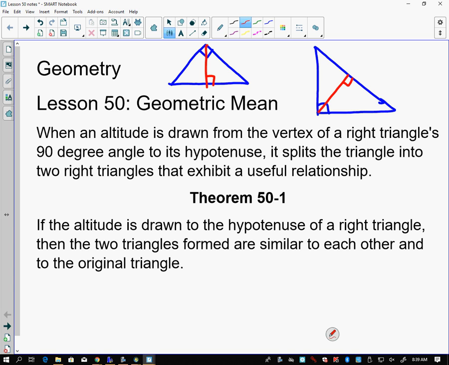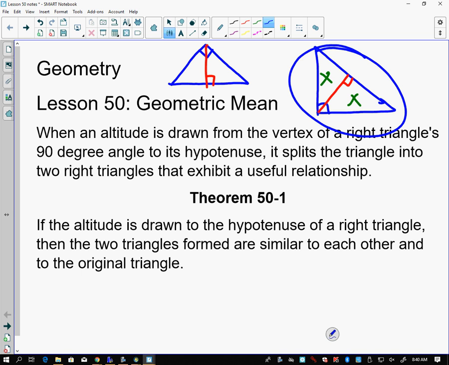All right. What ends up happening is that this small triangle here, this little bit bigger triangle here, and the whole triangle are all similar to each other. Okay? Which means, of course, the right angles are all congruent. And all the other corresponding angles are congruent, and the sides are all proportional.